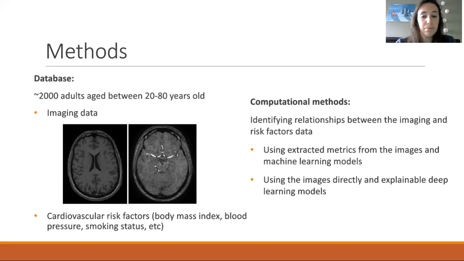So there are two main approaches that I've been using, with the first one being using extracted metrics from the images and finding relationships between these extracted metrics and the cardiovascular risk factors using machine learning models. And the second approach consists in using the images directly in combination with deep learning models in order to, again, identify these associations.